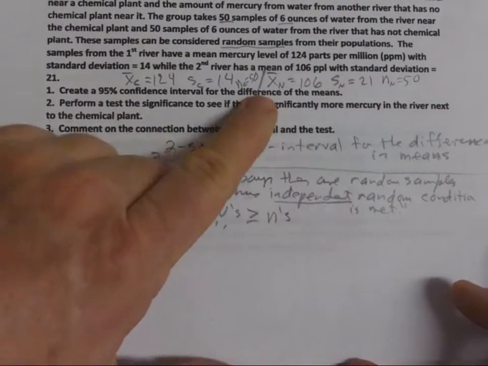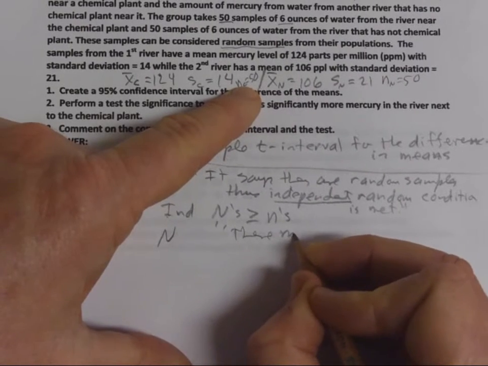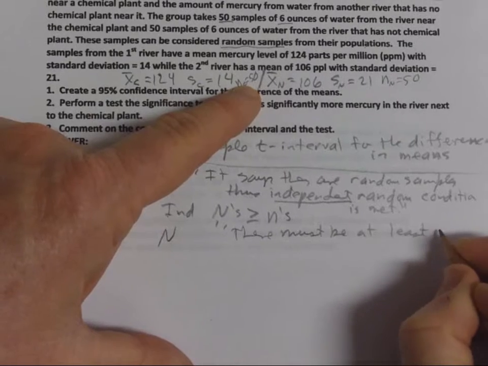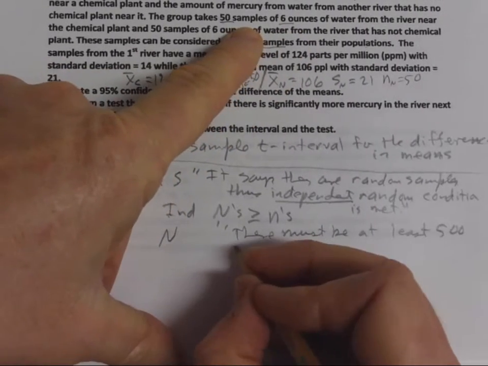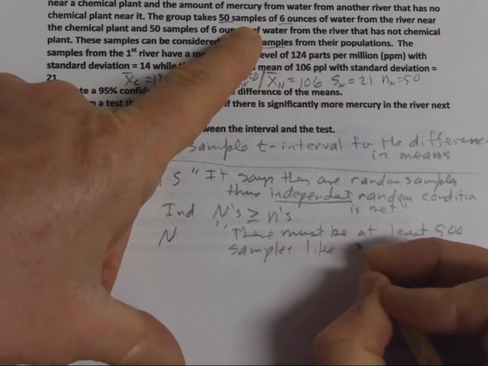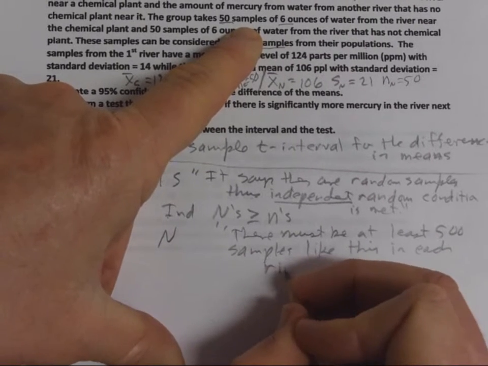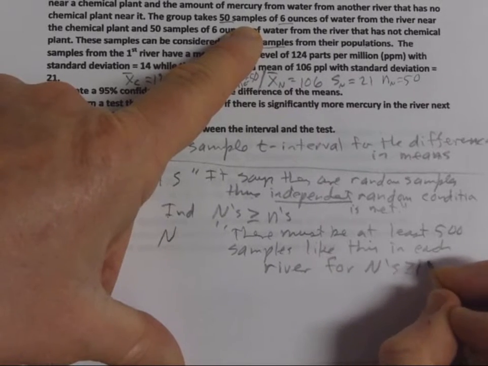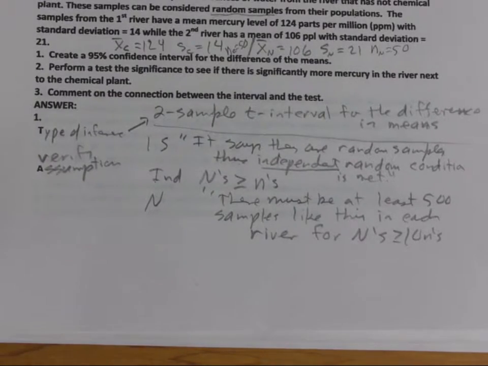And so you would say here, there must be at least 500 samples like this, we will say, since that's the language they use, samples like this in each river for our population sizes to be at least 10 times our sample sizes. Okay, and that's certainly very reasonable here as far as a river goes.